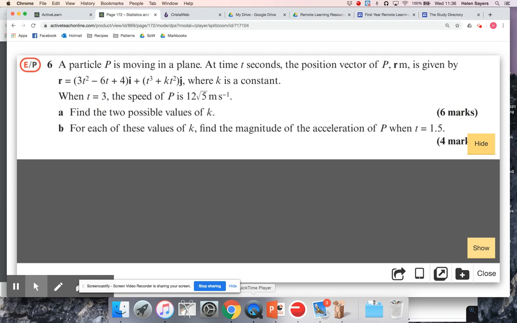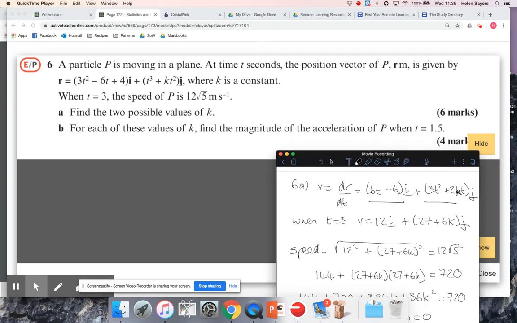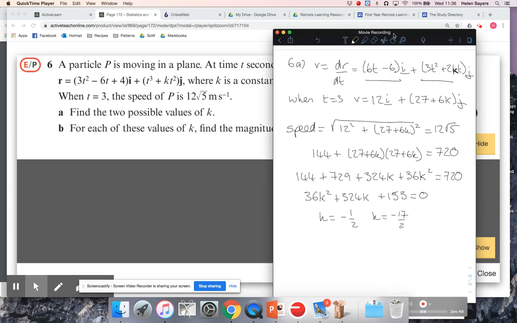And then for each of these values, it's a bit of a pain because we're going to have to do two calculations: find the magnitude of the acceleration of p when t is 1.5. First thing I'm going to do is get the acceleration.